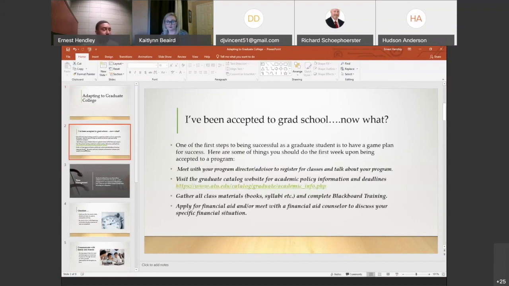We're going to approach it from the assumption that you have completed the application process and you've been accepted to that program of choice. So now what? What do you do after being accepted and you're a grad student officially? Well, one of the first steps that we advise all graduate students to do is to have a game plan for success.